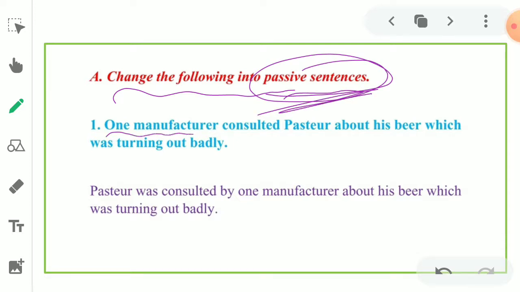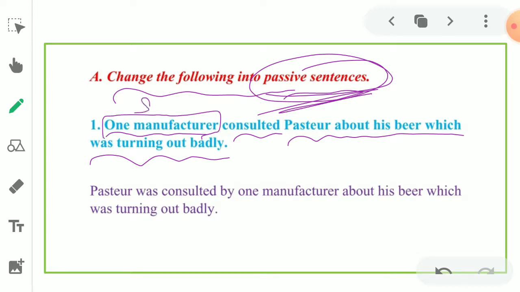One manufacturer consulted Pasteur about his beer, which was turning out badly. What do we have to recognize here? One manufacturer is the subject, consulted is the verb, Pasteur is the object.